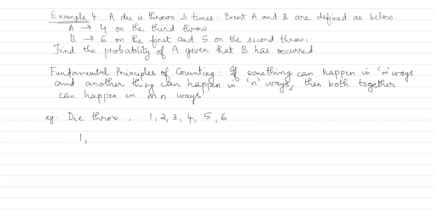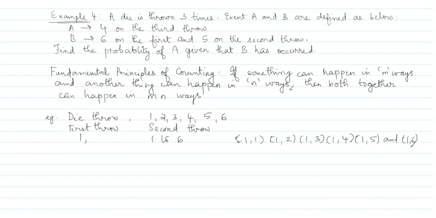Now, if you look at the sample space of the event, that is, a die is thrown twice, it's possible that you get the following outcomes. When it is a 1 on the first throw, you can have 1 to 6 on the second throw, isn't it? So you have 6 different possibilities: 1 1, 1 2, 1 3, 1 4, 1 5, and 1 6.